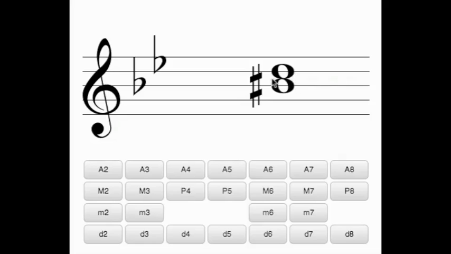Now, as I say, if we were in the key of B major, we'd expect that to be a D sharp, because that's part of the key signature. If that was a D sharp, that would be a major third. Okay. However, this is only a D natural. So B, still ignoring the sharp for just now, B to D natural is a minor third.